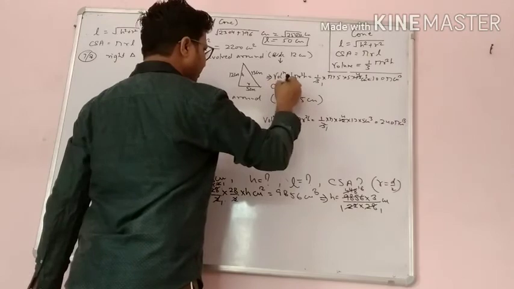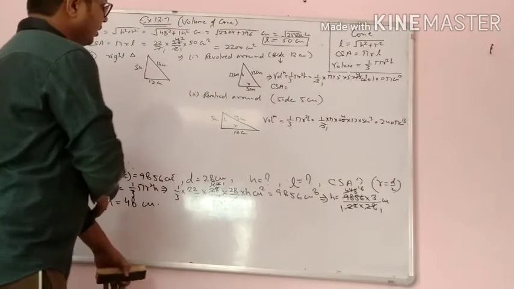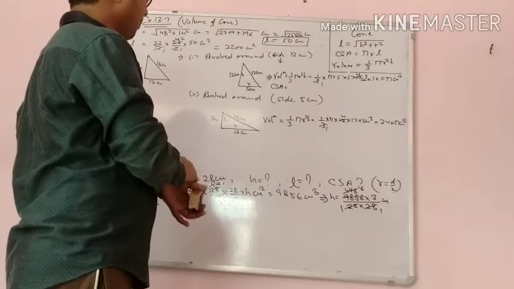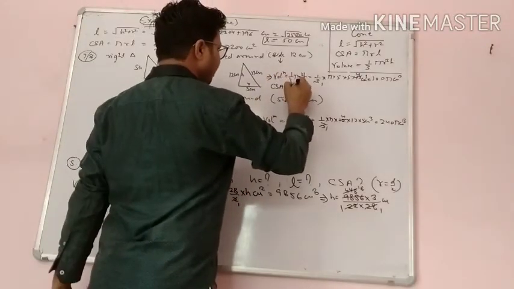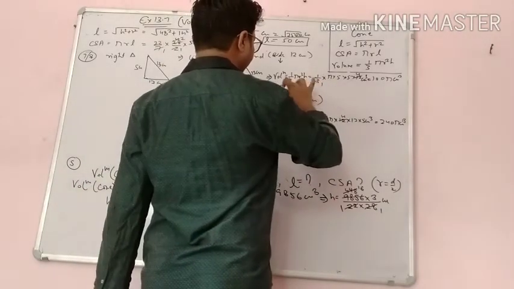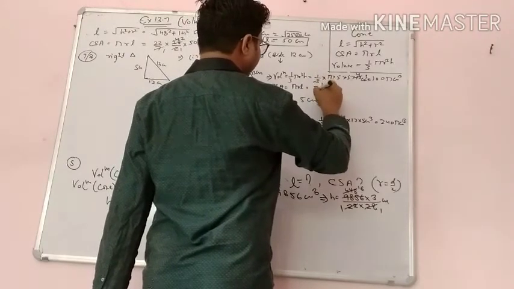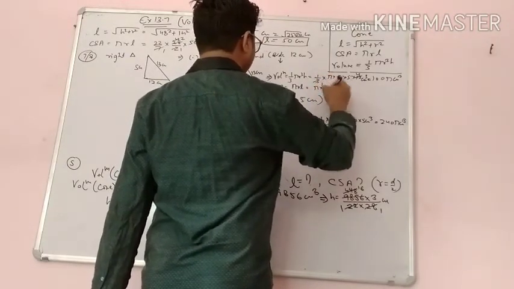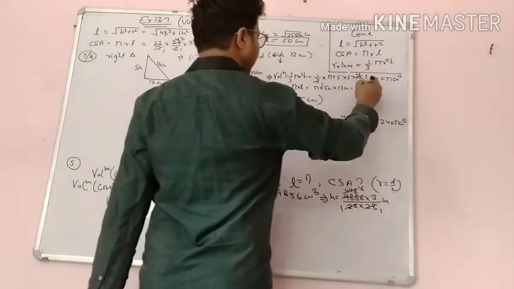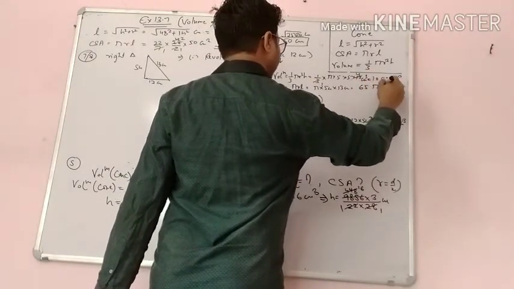It is equal to pi RL, which is pi into R here 5 into L here 13. That becomes 65 pi centimeter square.